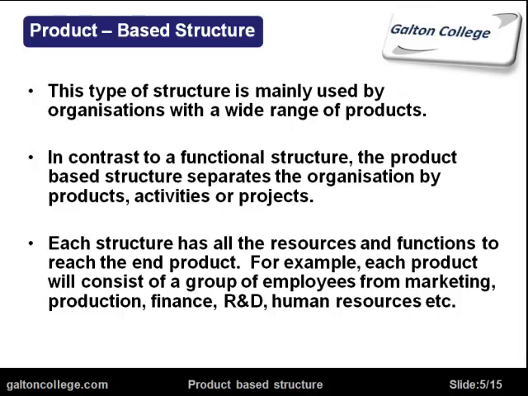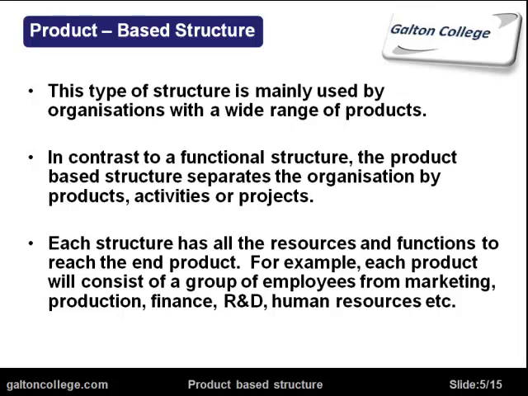Each structure has all the resources and functions to reach the end product. So each part of this structure is self-contained. Each part has got all it needs. Bearing in mind what I just said about sharing some resources, perhaps common stores or common component production might be shared out between the products.